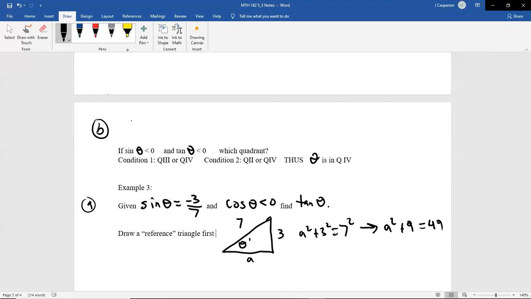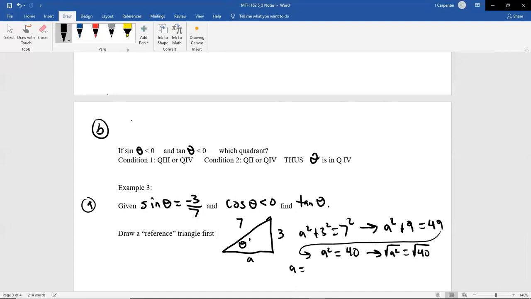So going down here, that says that A squared is equal to 40 if you subtract 9 on both sides. And then when you take the square root of both sides, you'll get A equal to the square root of 40. But we can simplify the square root of 40.